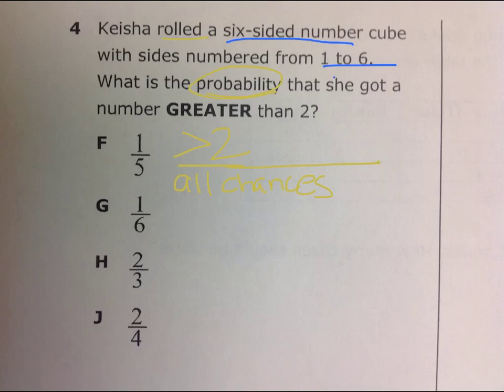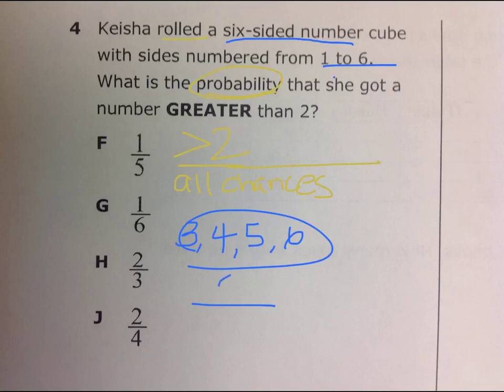Well, obviously not 1. 2 would not count. It has to be bigger. So we have 3, 4, 5, and 6. So how many chances does she have of getting, if she rolls that dice one time, how many chances does she have? She's got 4 chances out of 6 to get a number greater than 2.